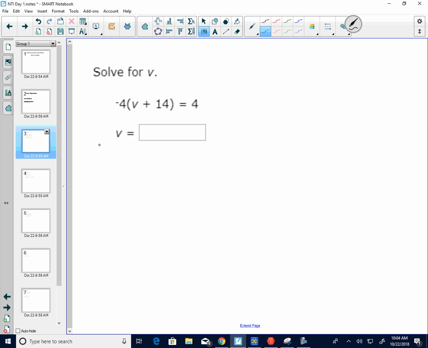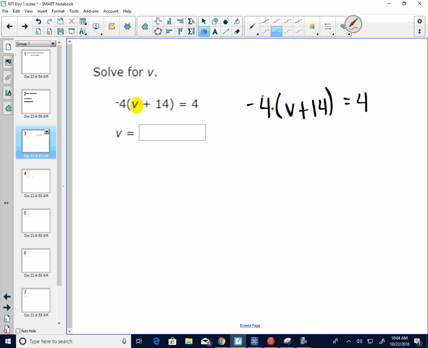So our first example, it says solve for v. Here is the variable v, and we need to look at what is happening to v that we need to undo. So we have negative 4 times the whole quantity v plus 14 equals 4. There's two ways you could approach this. You could see that this is negative 4 times that whole quantity, and we can go ahead and divide by negative 4.